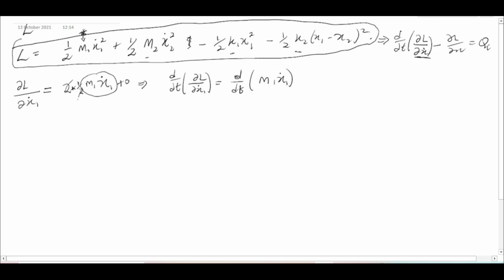The 2 cancels, so what will be left is m1 x1 dot. If you differentiate this with respect to time, knowing that mass is constant, you get m1 multiplied by x1 double dot. Differentiating with respect to time just adds another dot. So d/dt of dL/dx1 dot is equal to m1 x1 double dot.